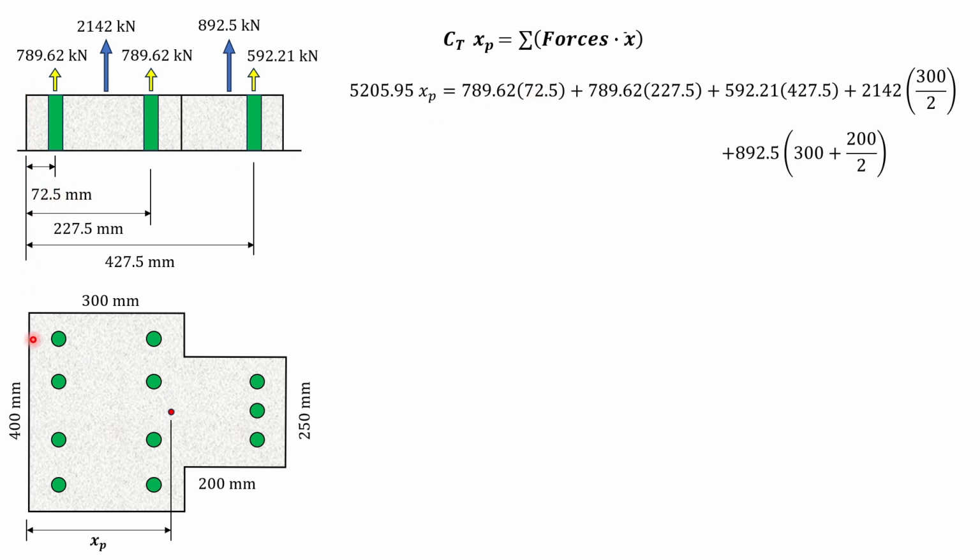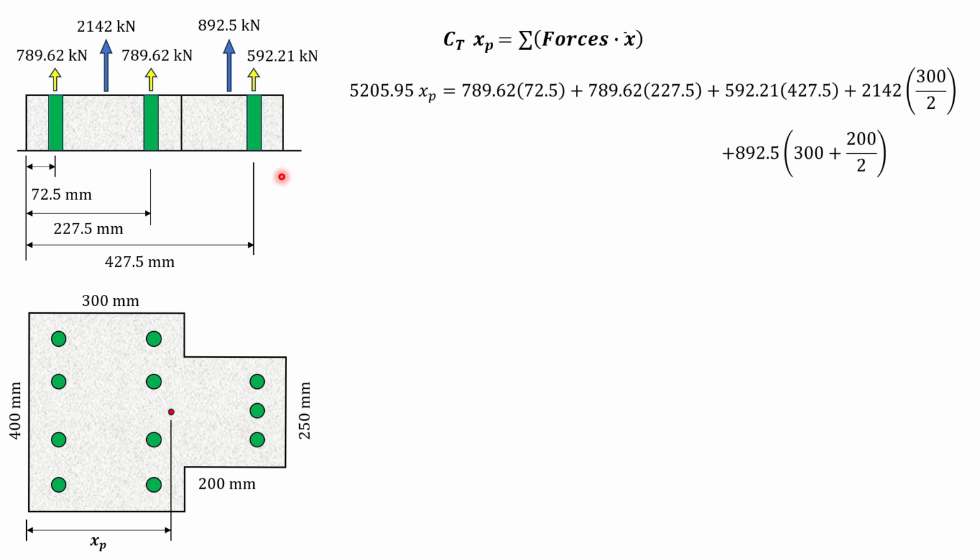Again, from this 400 mm side. So, ito yung magiging reference natin on this side. Next, the 789.62 times its moment arm na 227.5. Then next, 592.21 times the moment arm, 427.5 mm.